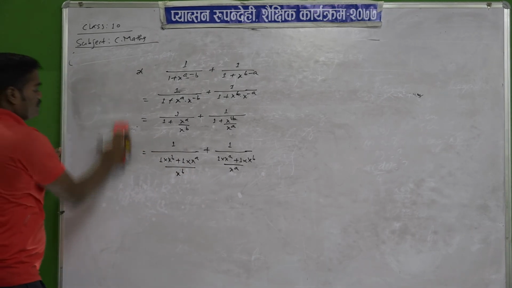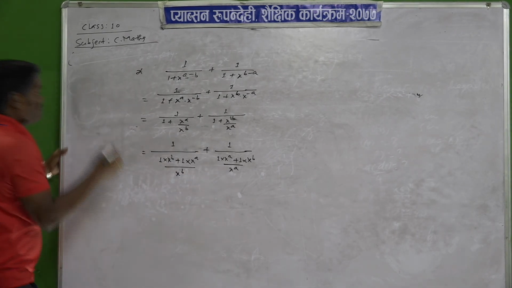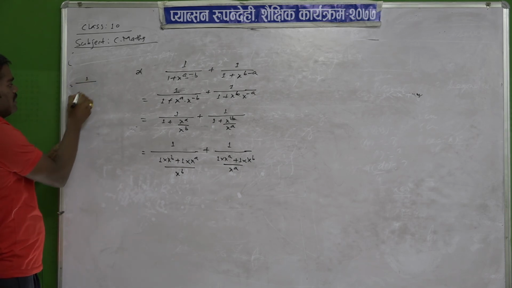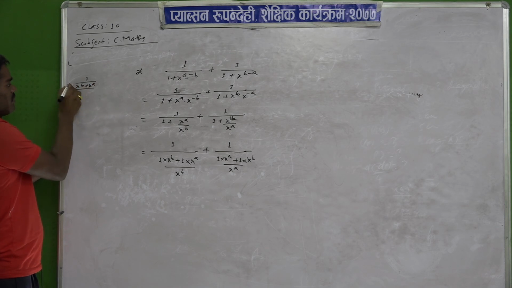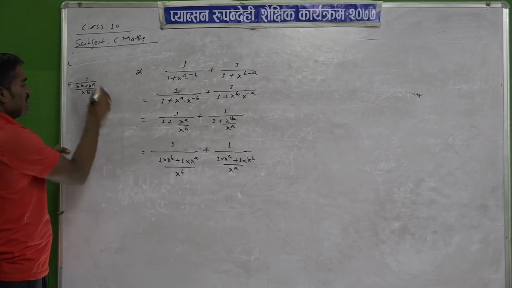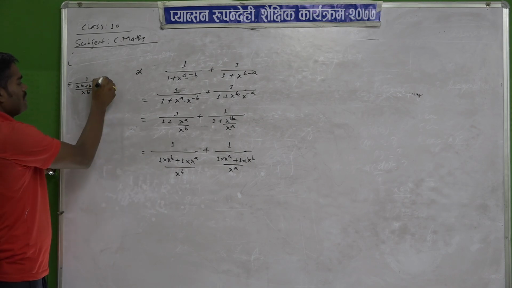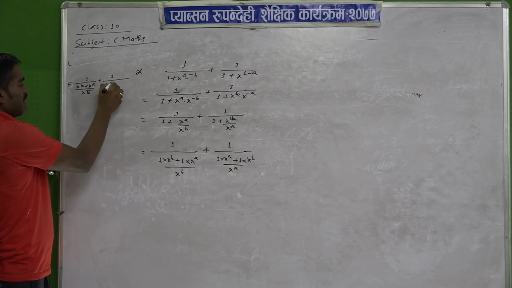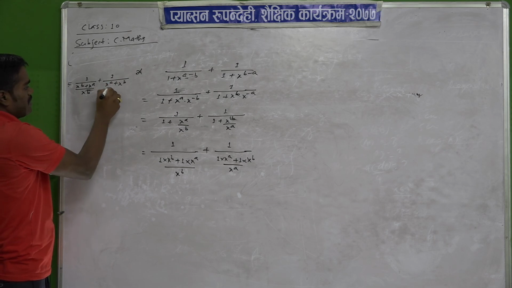And then after, see here, so 1 upon x power b plus x power a whole upon x power a, x power b plus 1 upon, what is there? X power a plus x power b upon x power a.